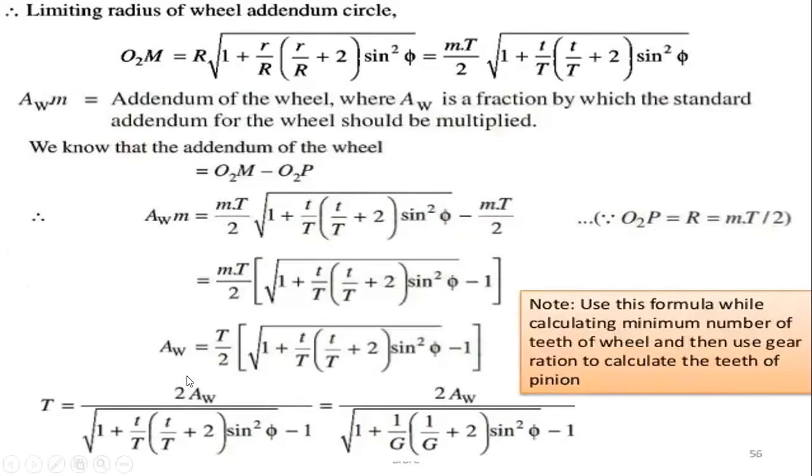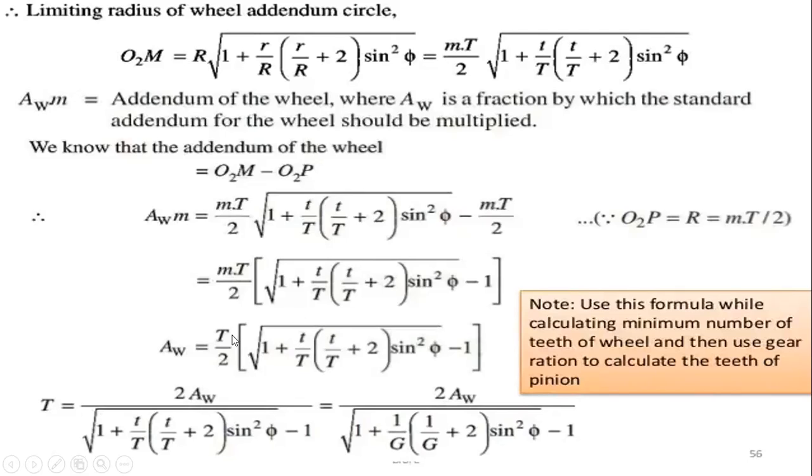Then it can be written as AW is equal to T by 2 into root of 1 plus t by T into t by T plus 2 into sin square phi, minus 1.